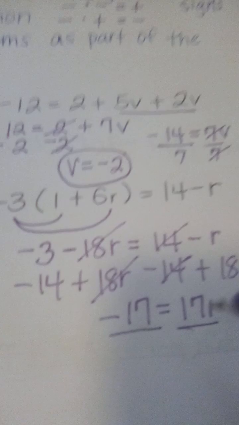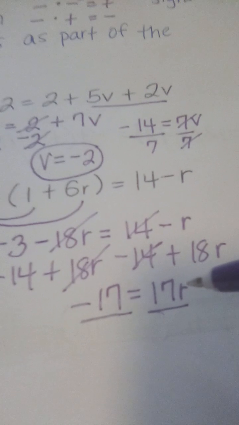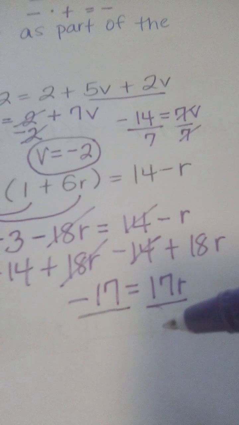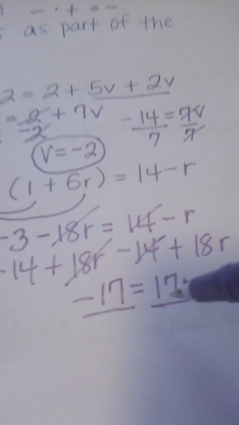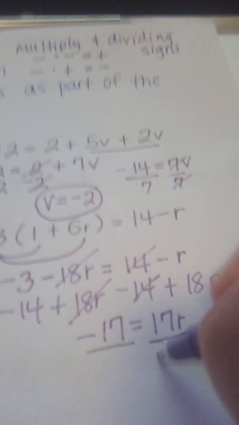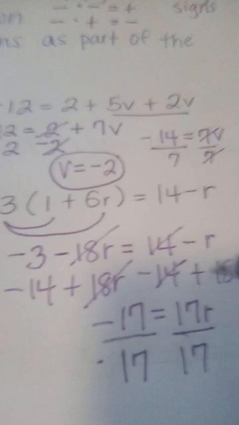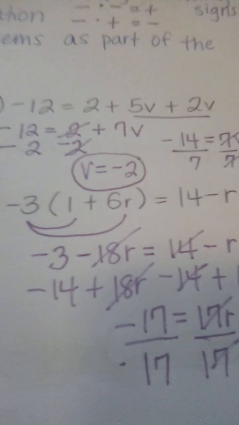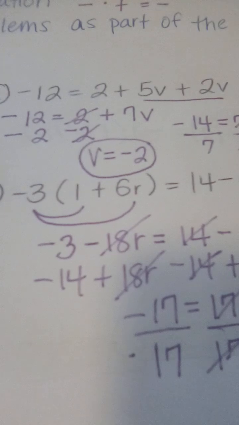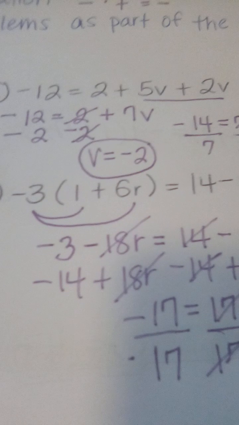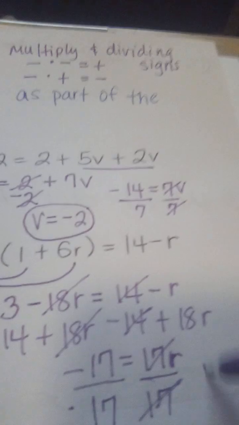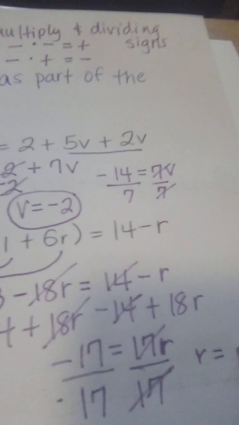The negative 17 or the positive 17r? The positive 17, actually. If you said positive 17, you're correct. So the 17 will cancel out completely. Negative 17 divided by 17, that gives us which number? A negative 1 as our final answer.